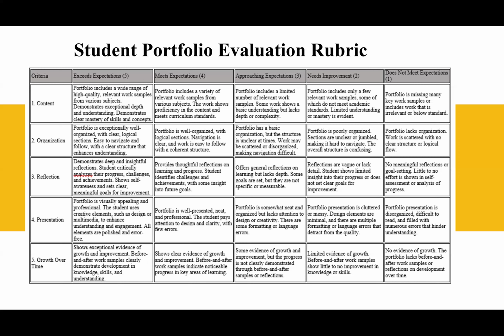So when we are using these rubrics, we have to show the students where they are and what they need to do in order to get to the next level.